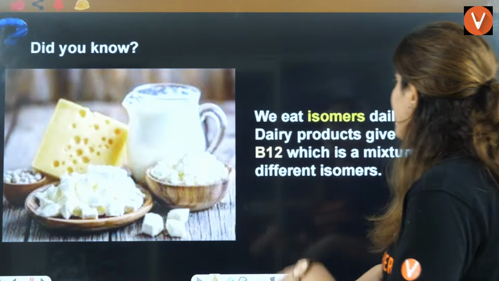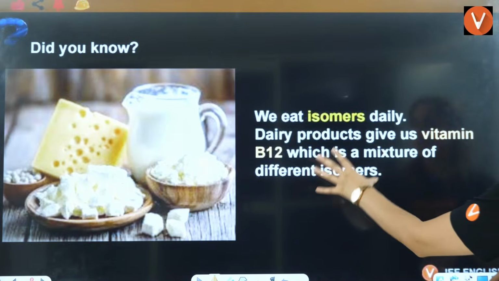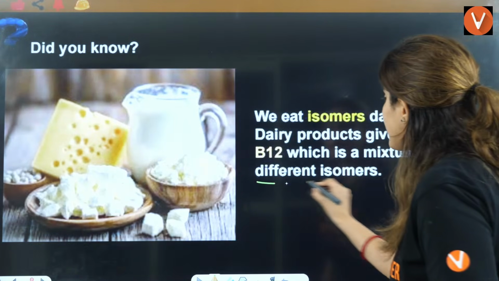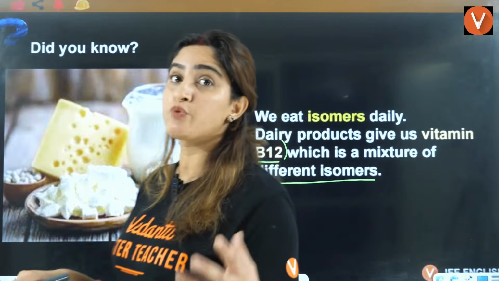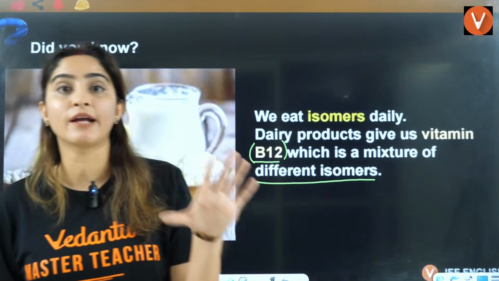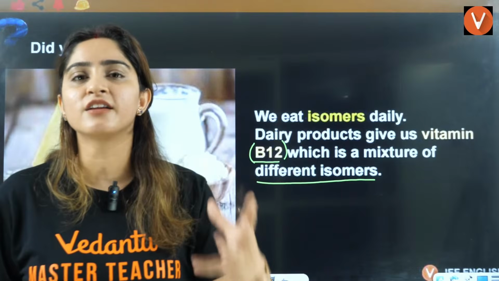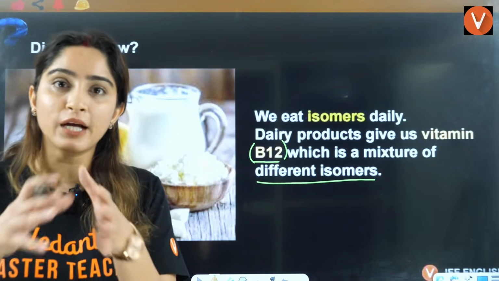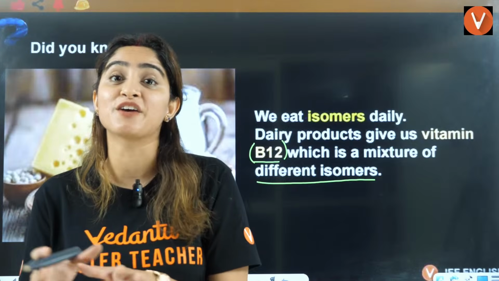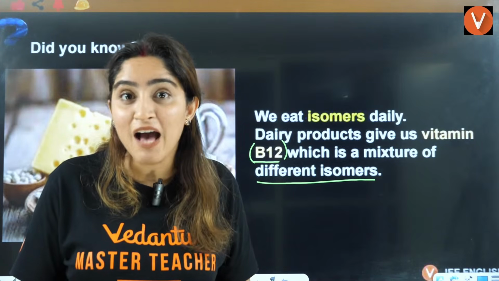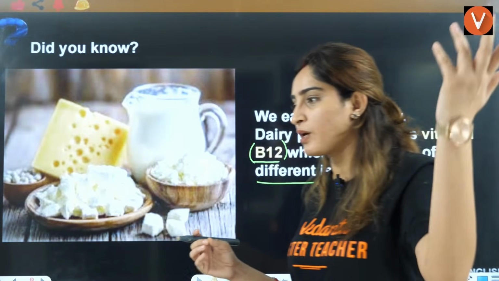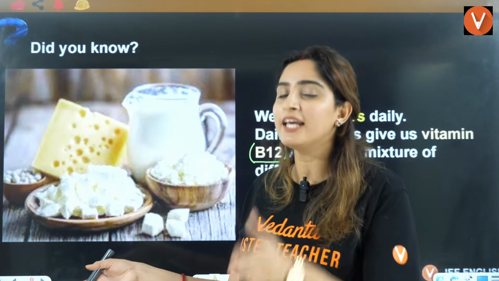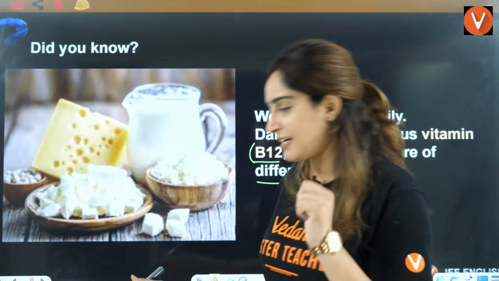So dairy products give vitamin B12, which is a mixture of different isomers. And we are also going to discuss how B12 actually exists in 7 different isomers. That is just additional information that I'm giving you. So in our daily life, we have isomers. It's not like something we are studying which is not even there in reality. It is there in reality.